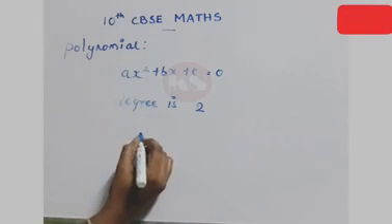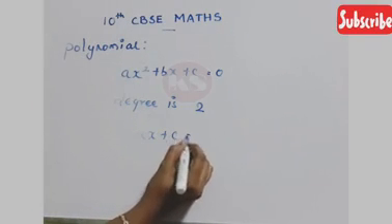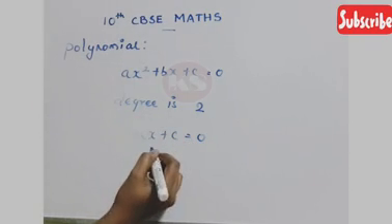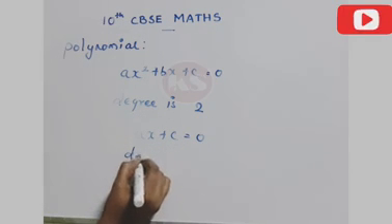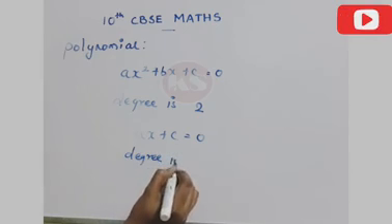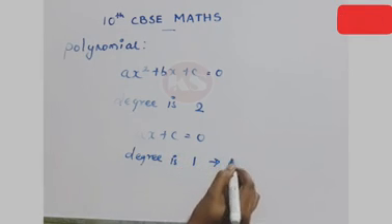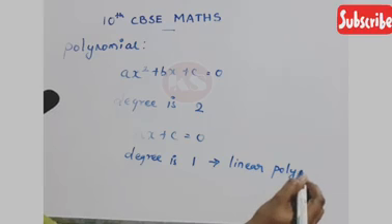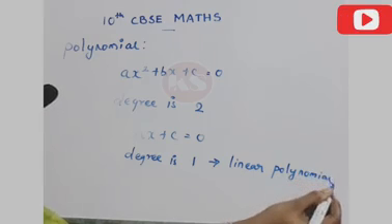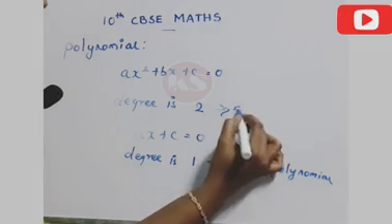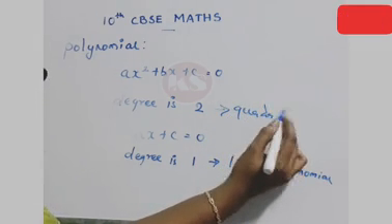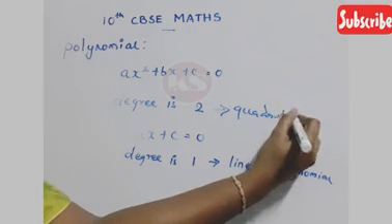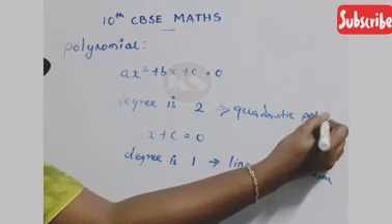If the degree is 1, the highest power of x is 1, and that is called a linear polynomial.